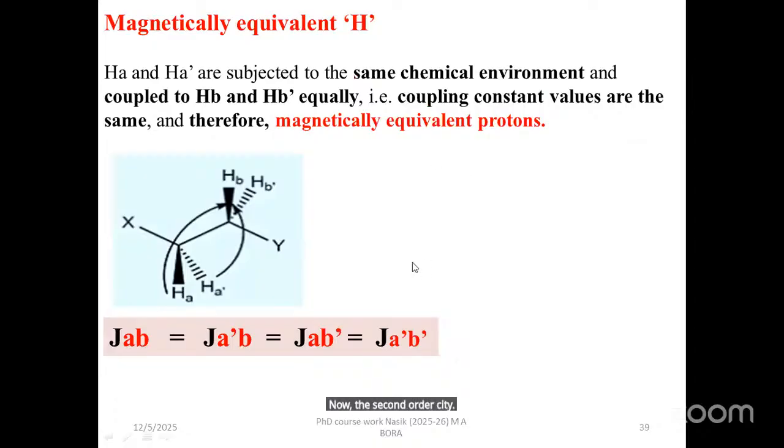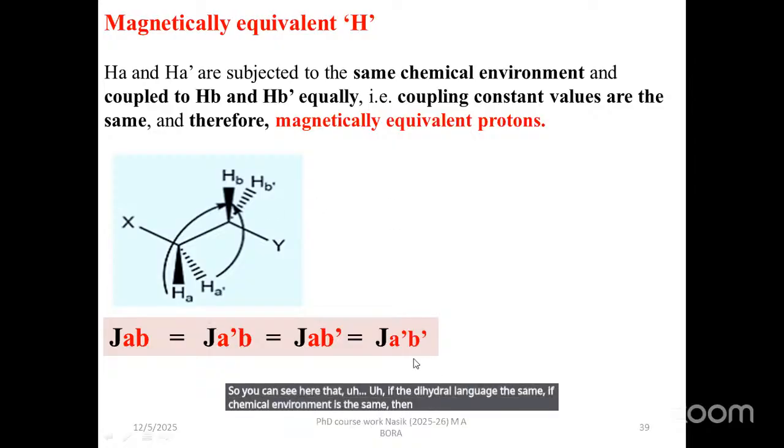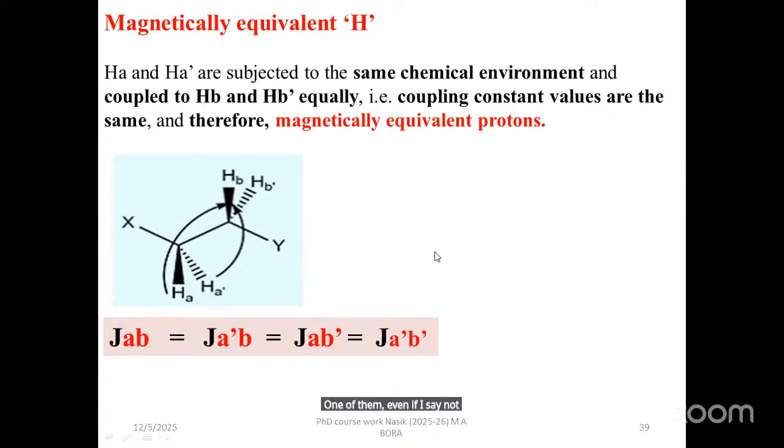So what we just spoke about is what we mean by magnetically equivalent or non-equivalent protons. If the dihedral angle is the same and the chemical environment is the same, then the coupling constant values between them will be the same, and those two protons will be called magnetically equivalent. But if they are not the same, they will be magnetically non-equivalent protons.